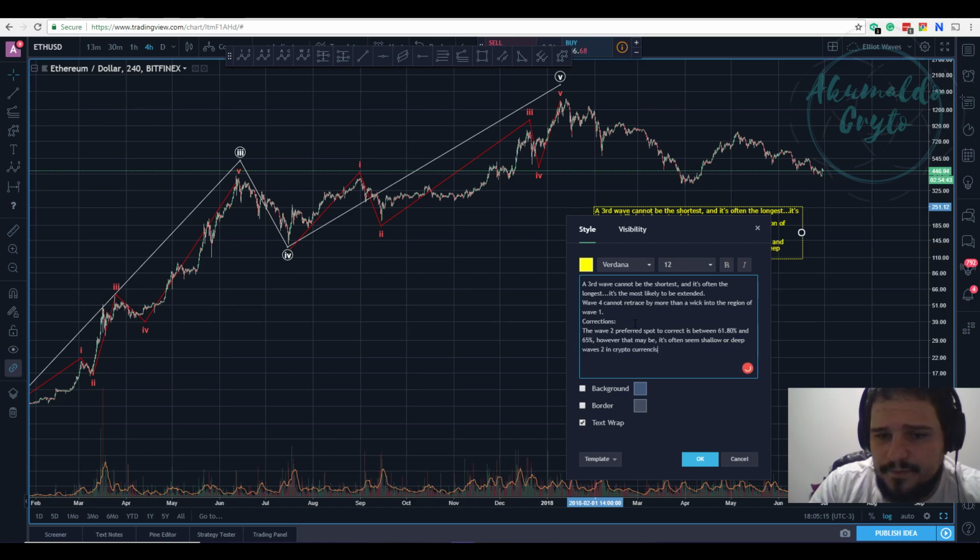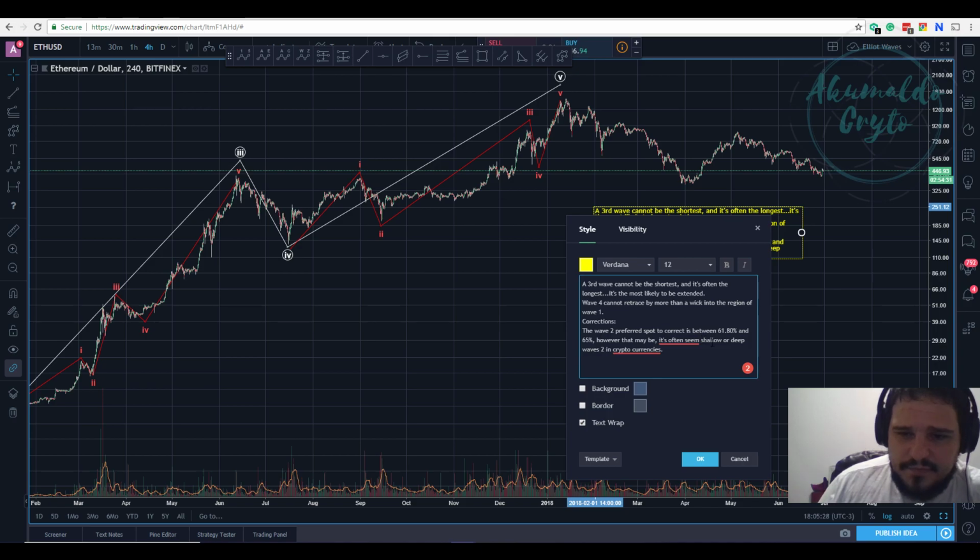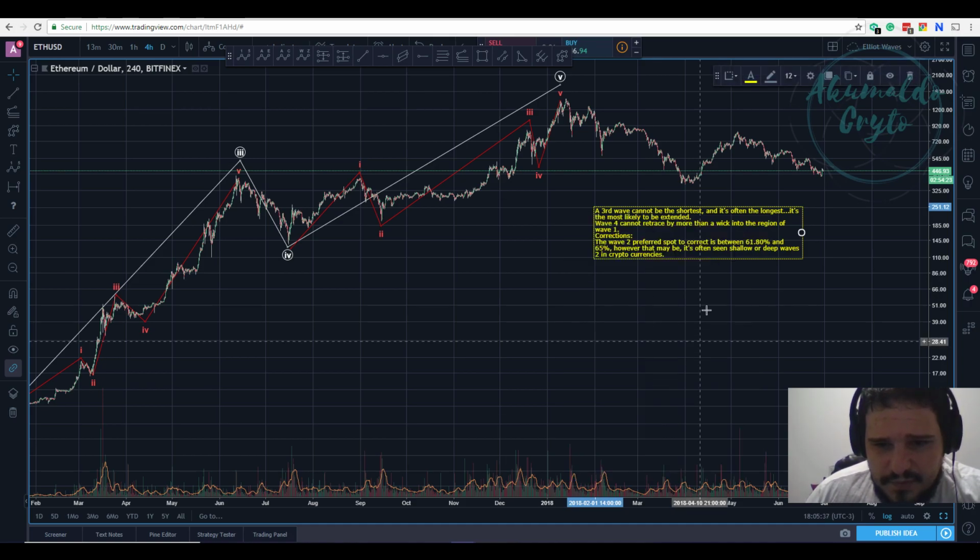Yes, it's often seen shallow or deep waves too in cryptocurrencies.